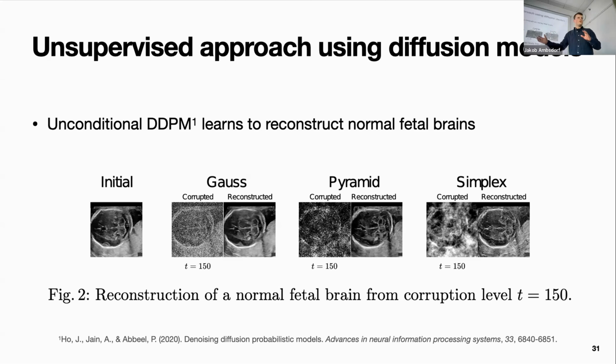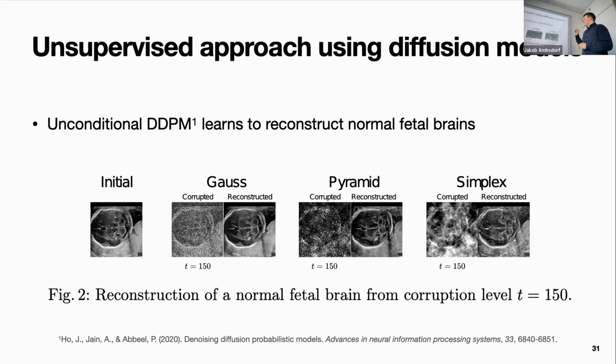So if you just apply Gaussian noise, you remove more of the high frequency detail, while the low frequency detail stays less affected. People have been successful using pyramid or simplex noise that has more low frequency components.